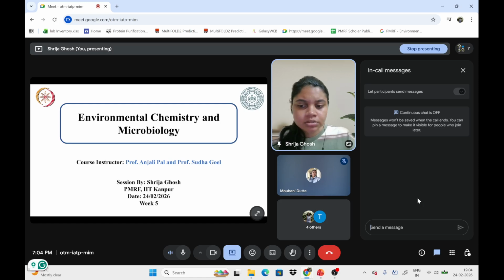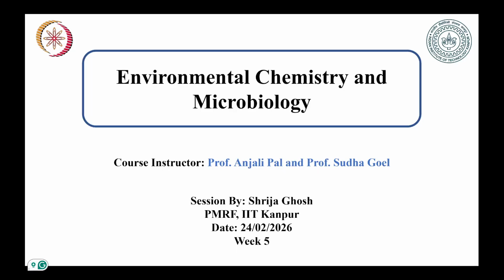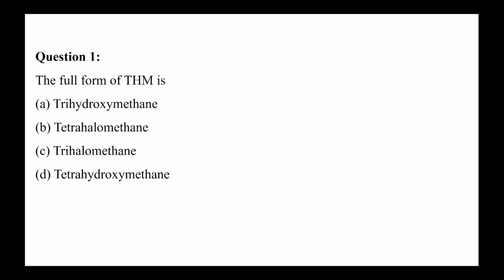So I will start with the first question. Question number 1. The full form of THM is option A trihydroxymethane, option B tetrahalomethane, option C trihalomethane, and option D tetrahydroxymethane.